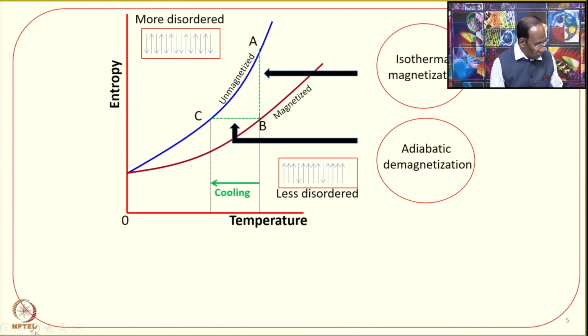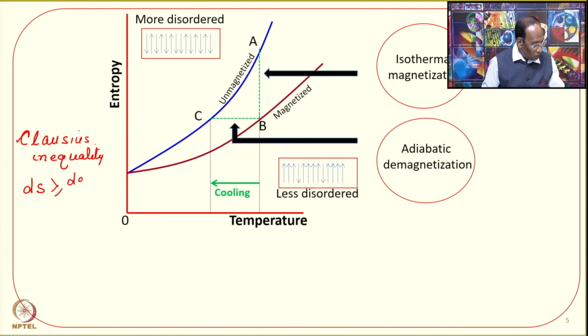How will it now affect the thermodynamic quantities? Remember the Clausius inequality: dS is greater than or equal to dq by T. If I am ensuring reversibility, then dS is equal to dq reversible by T. That is how we interpret the Clausius inequality: the equality holds for reversibility.